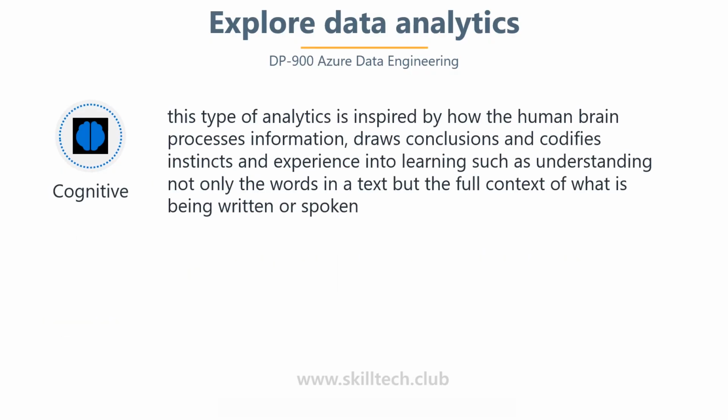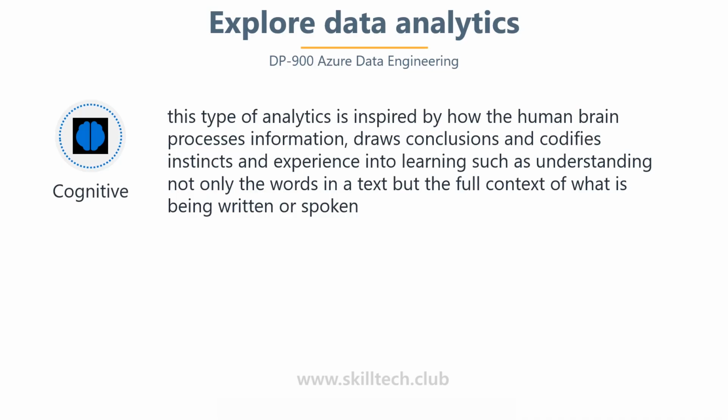After all this, we have the last one, which is cognitive analytics, which is maybe one of the most complex out of all 5. This type of analytics is inspired by how the human brain processes information. It draws a conclusion and codifies instinct and experience into learning, such as understanding not only the words and the text, but the full context of what is being written or spoken.